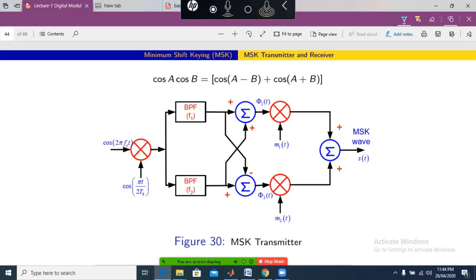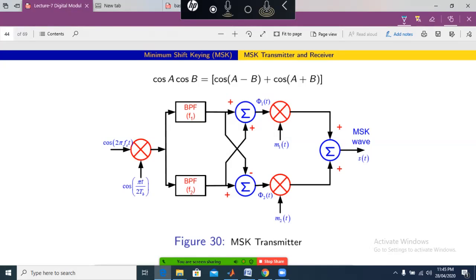It goes through the band pass filter to filter the frequencies f1 and f2, and then we have the cross summation of the two signals, because when we are modulating, we are using the band pass filtered signal with f2 and the band pass filtered signal with f1.